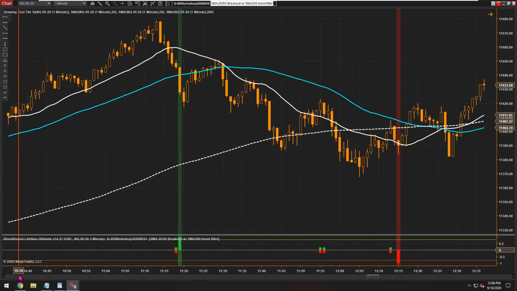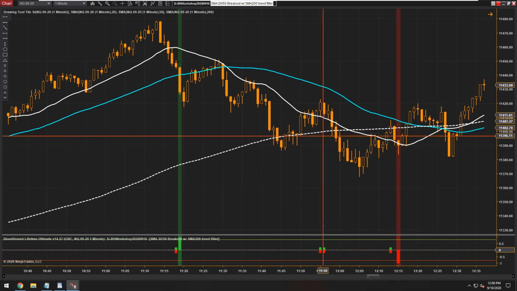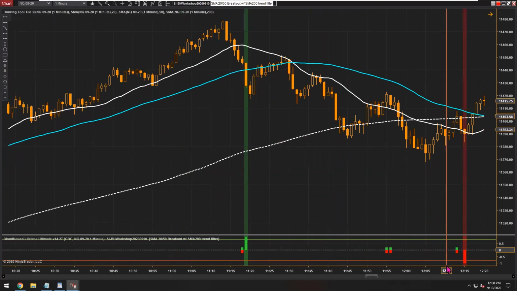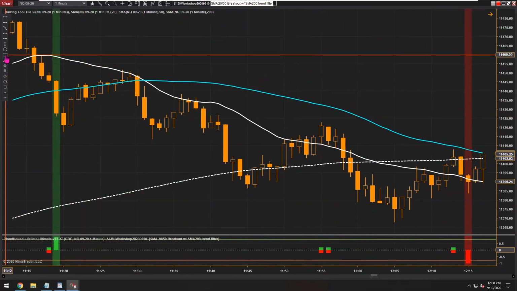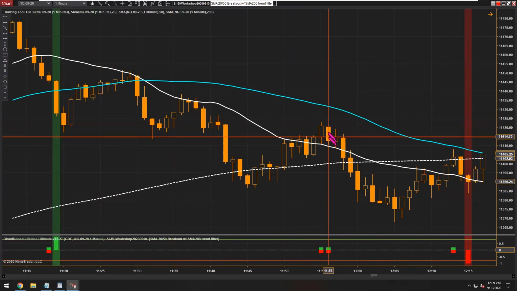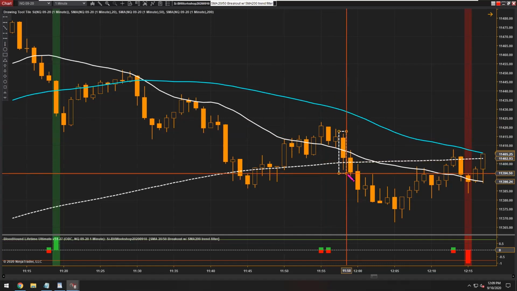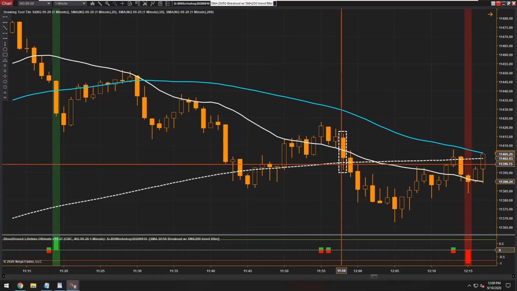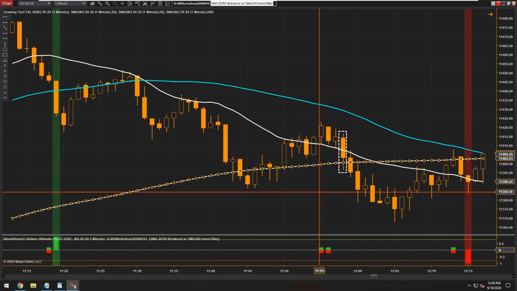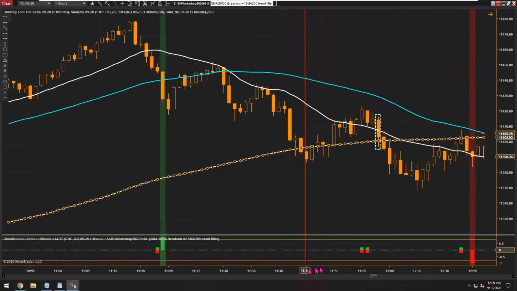Well, so far so good. I haven't found any missing signals yet. Here we go. Oh, actually, no, that's not a missing signal. Our breakout bar is actually touching the SMA 200. So, false alarm.